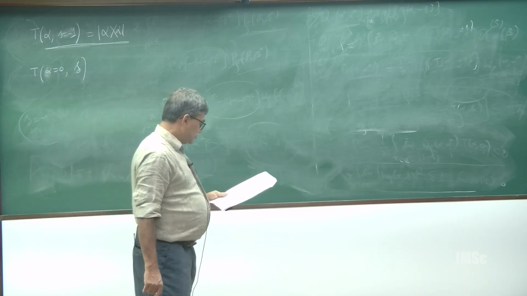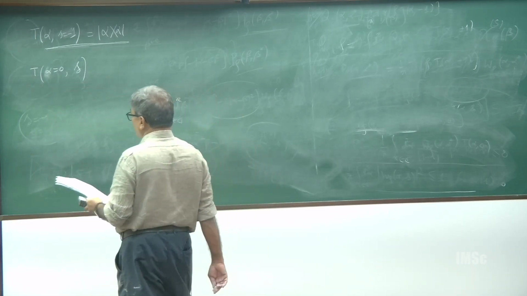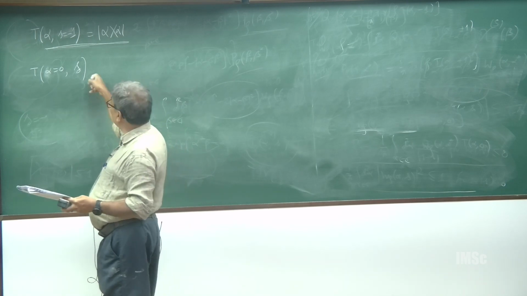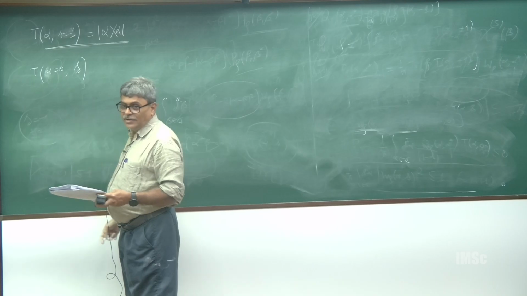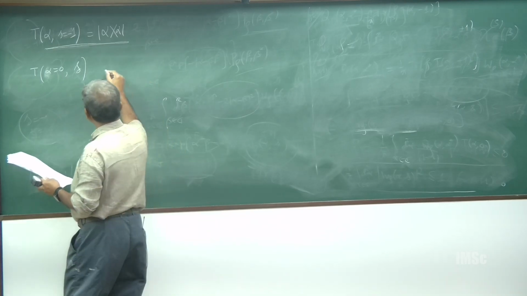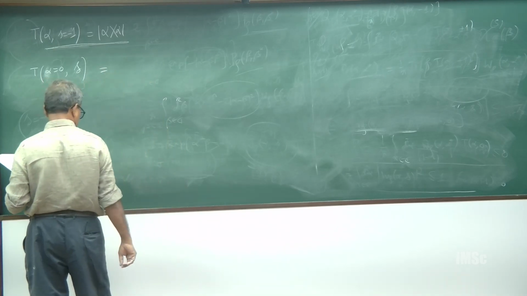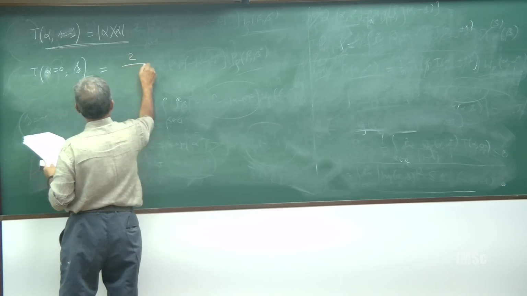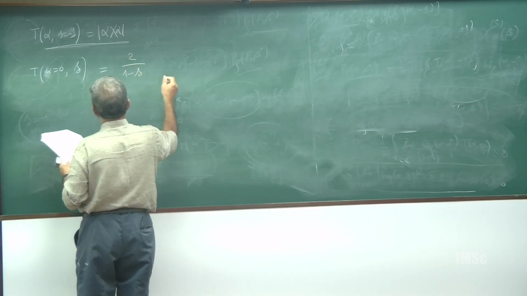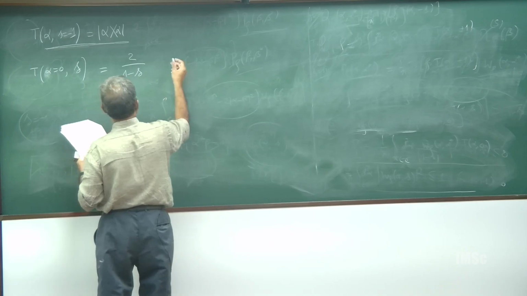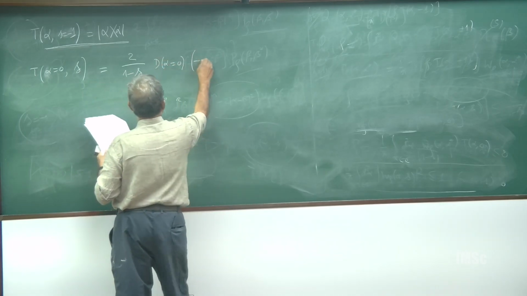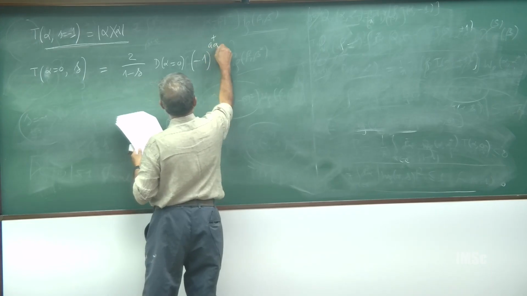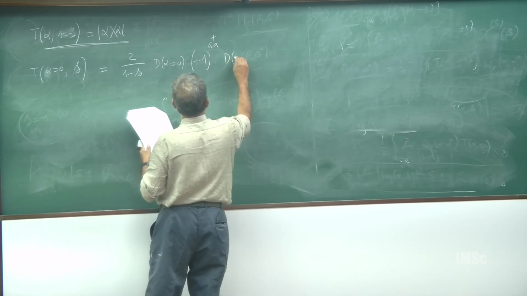So, now I take the other extreme. This is one extreme, the other extreme is this. Now, what is this? This is 2 by 1 minus s, D of alpha equal to 0, then minus 1 to the power a dagger a, D of minus alpha.